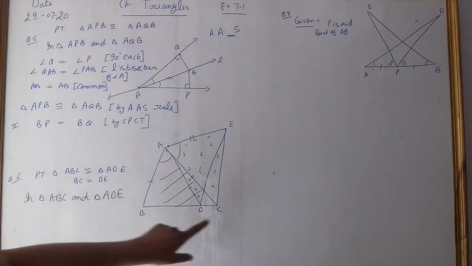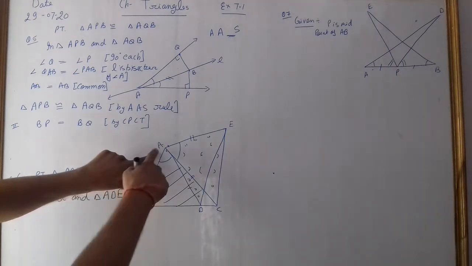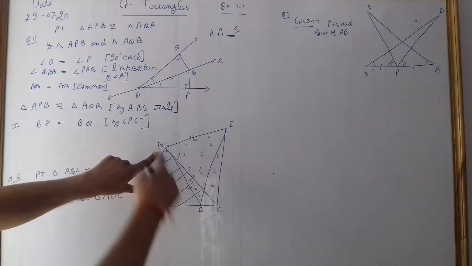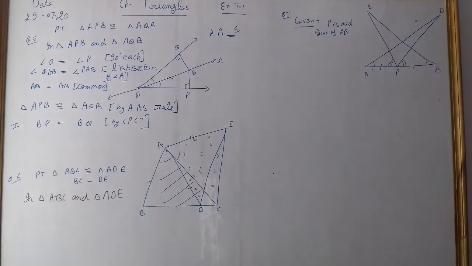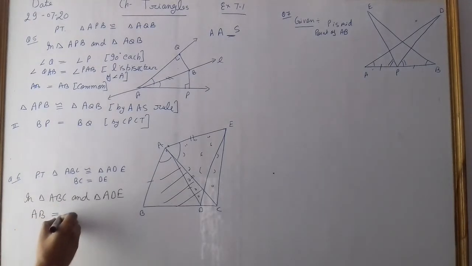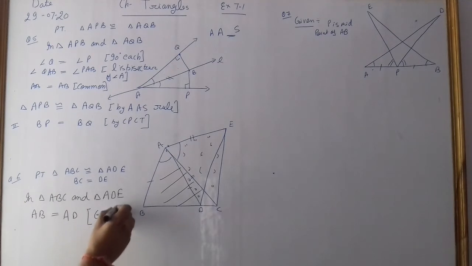In triangle ABC, we are given AB, right? AB side of triangle ABC is equal to AD side of triangle ADE, right? AB is equal to AD, right? We can write given.